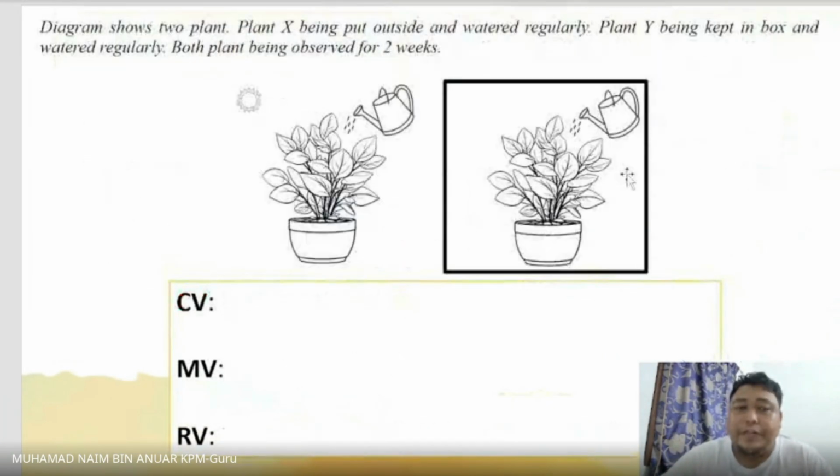Let's try a few exercises for you to do. Now, this question, I'll give you around 1 minute to figure out the keyword, the MV, and the RV. We haven't done CV yet. We haven't done constant variable. We are doing manipulated variable and responding variable.